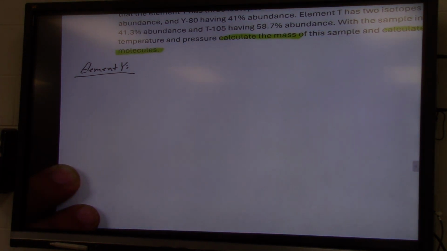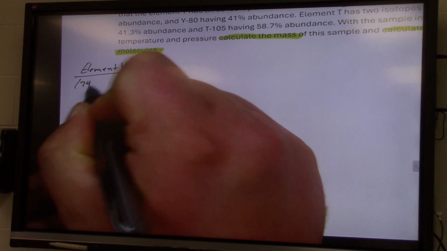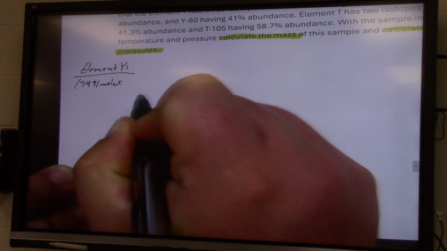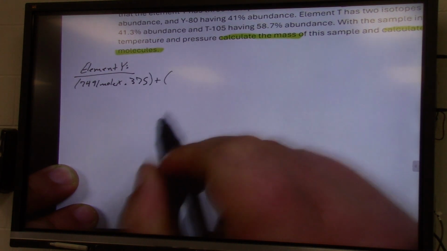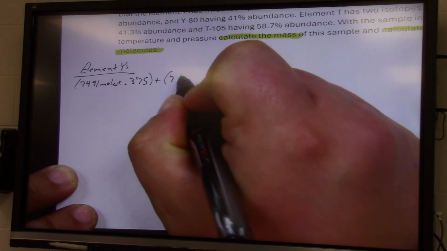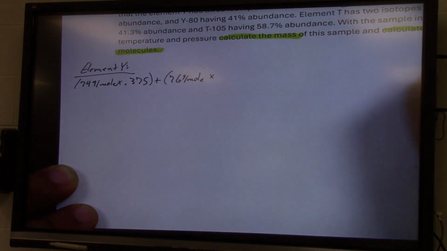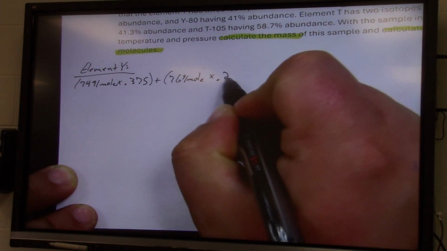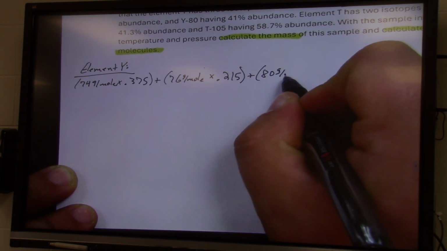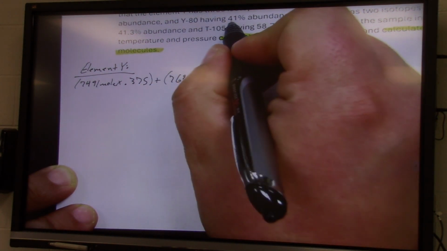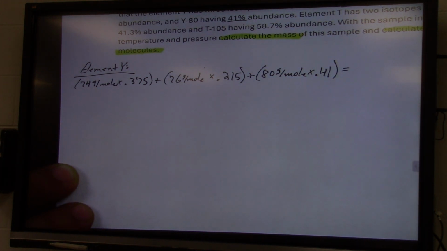Y-74: I have 74 grams per mole times 0.375, plus 76 grams per mole times 0.215, plus 80 grams per mole times 0.41. So that'll be for element Y.